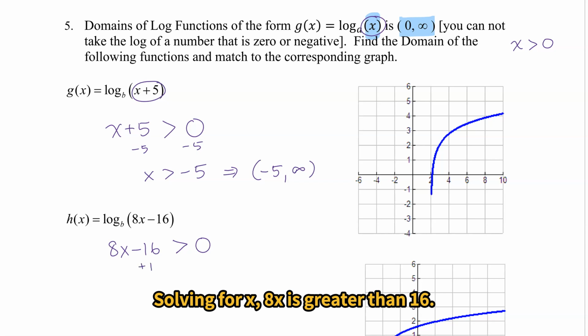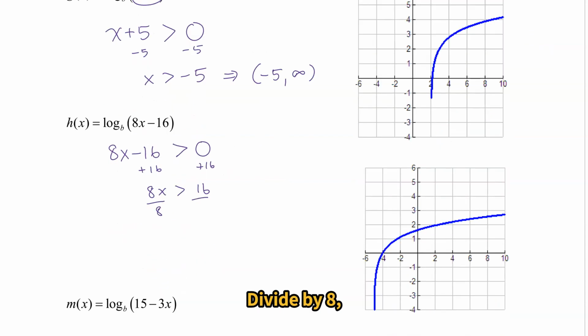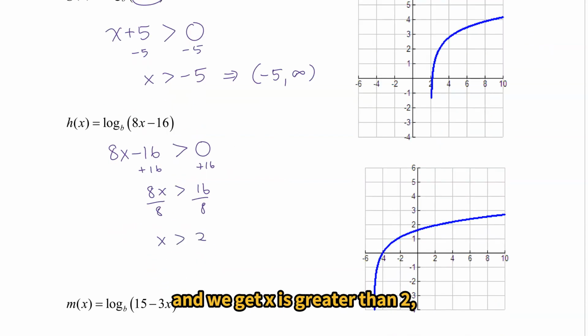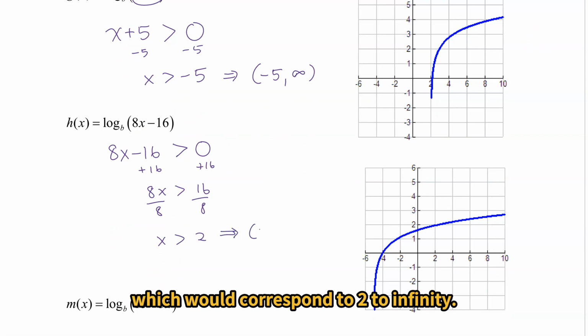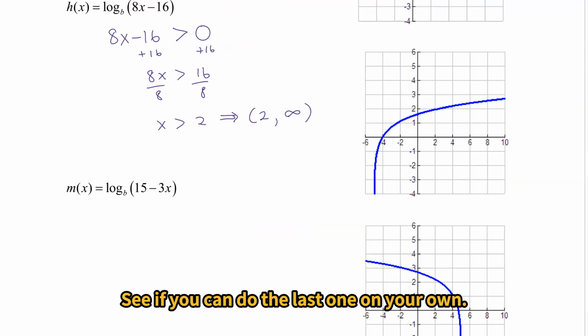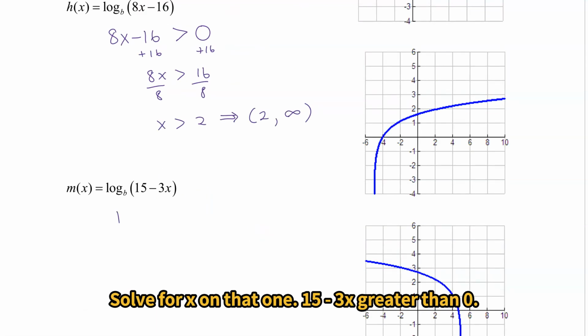Solving for x, 8x is greater than 16. Divide by 8, and we get x is greater than 2, which would correspond to 2 to infinity. See if you can do the last one on your own. Solve for x on that one.